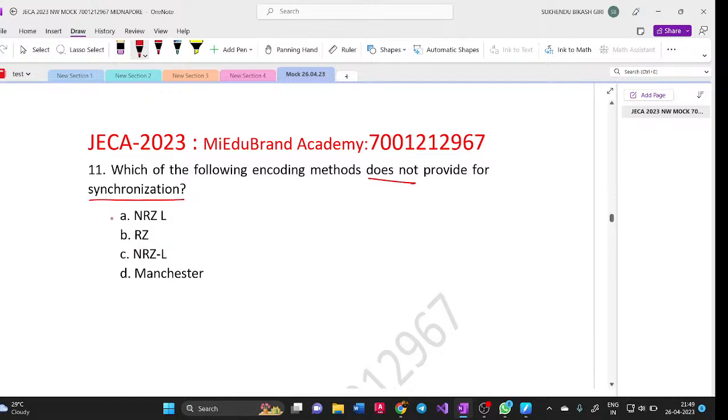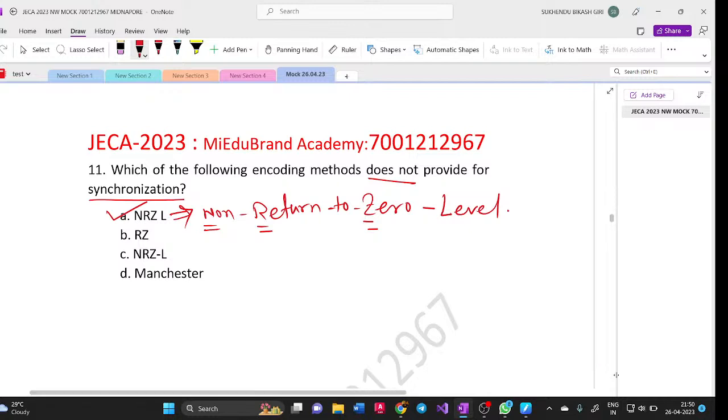The right answer is NRZ-L. What is the full form? NRZ, non return to zero. L for level. Okay. Now next question.